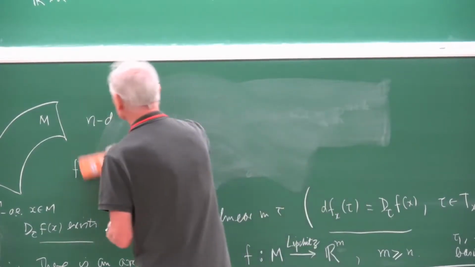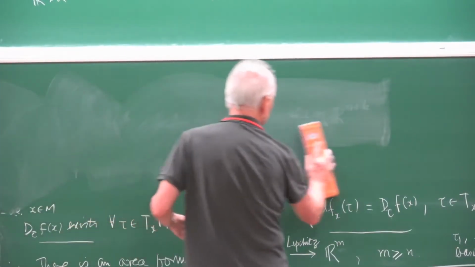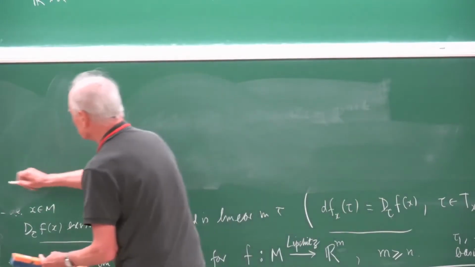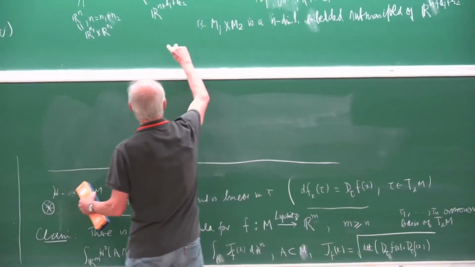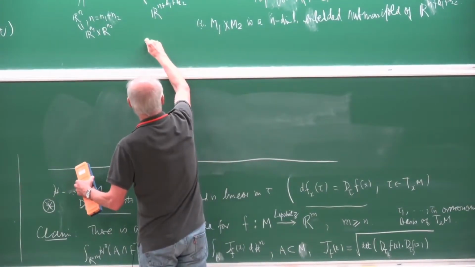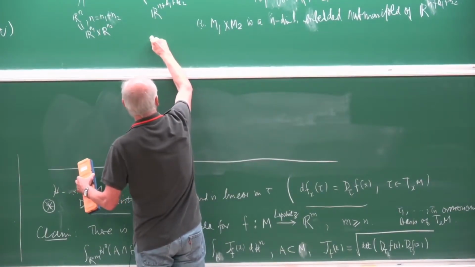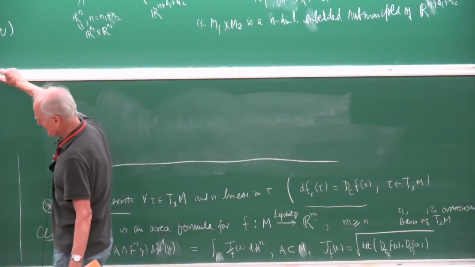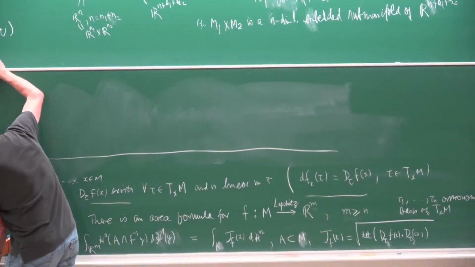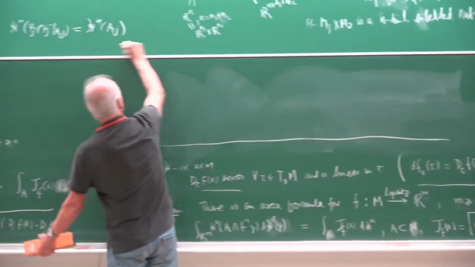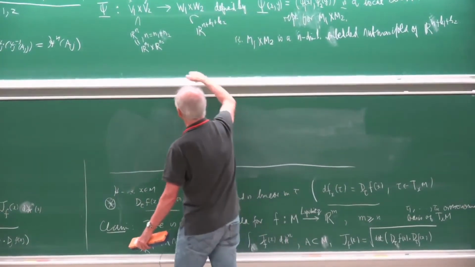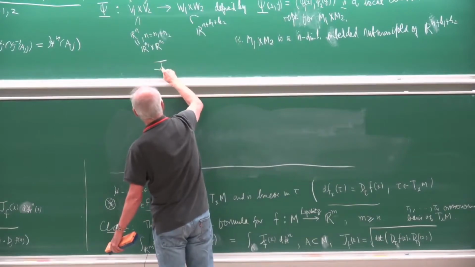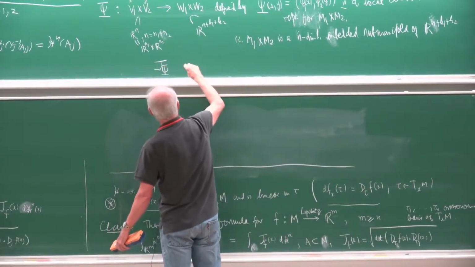So let's try that. What is J? We want to compute this quantity for this mapping, capital C. So what is the Jacobian of capital C?